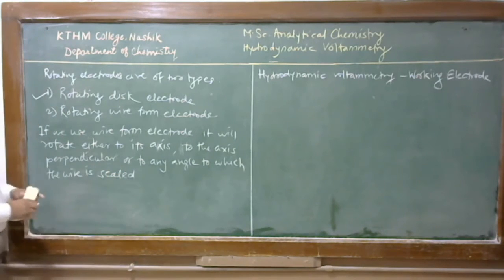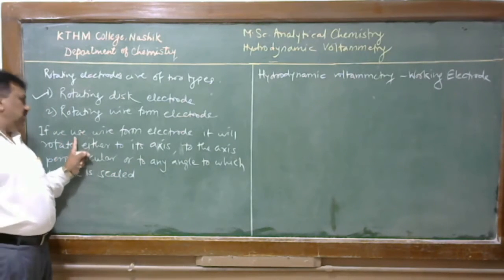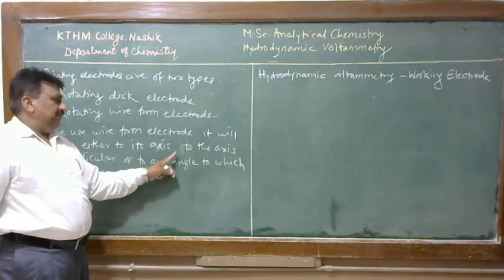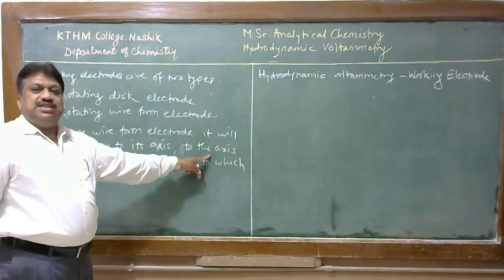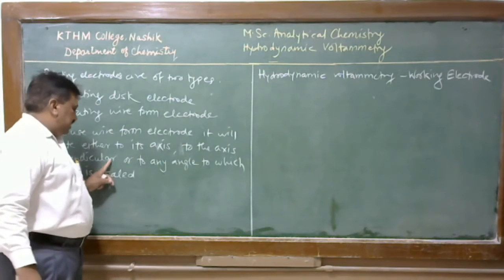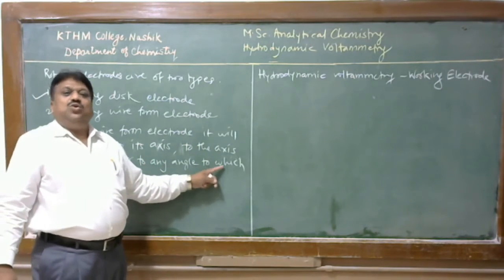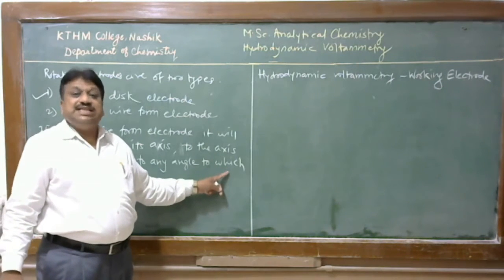Therefore, the wire form electrode will be rotated either on its own axis or sometimes on the axis perpendicular to its rotation, or sometimes at any angle to which that wire is sealed.